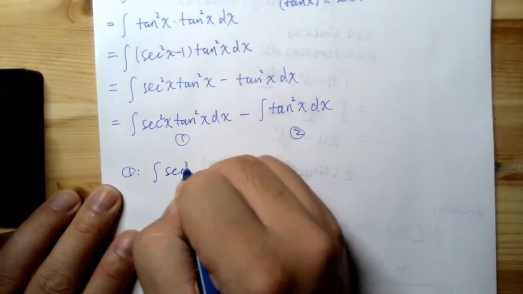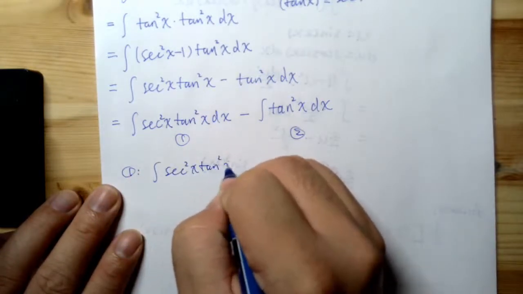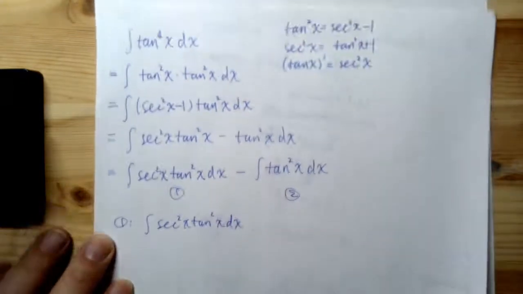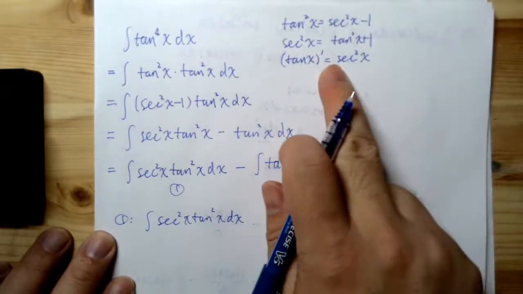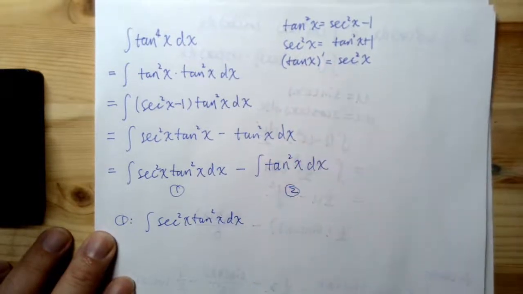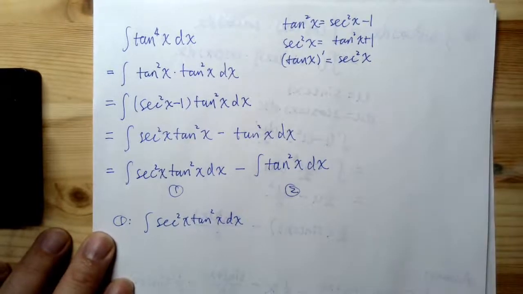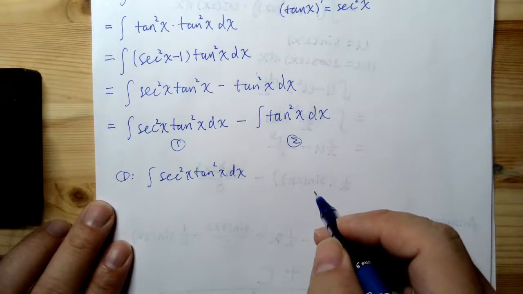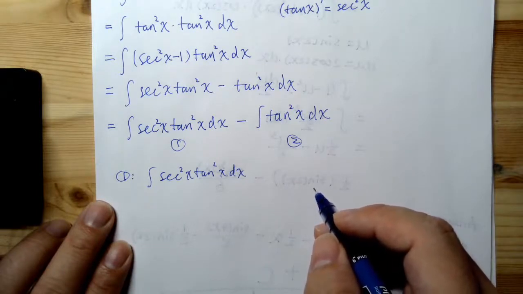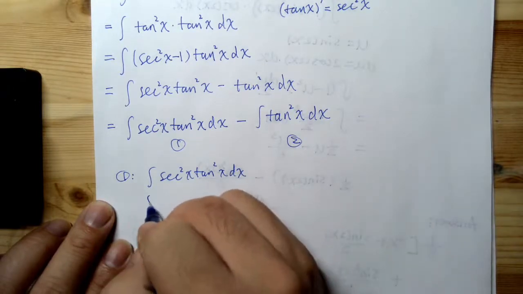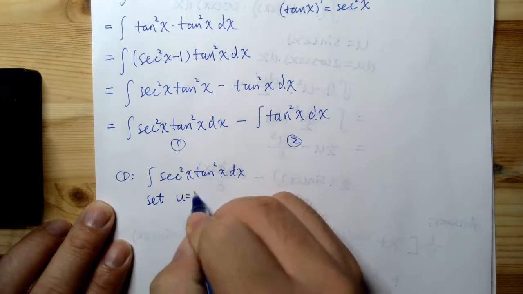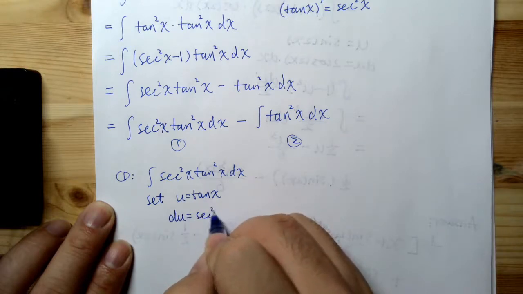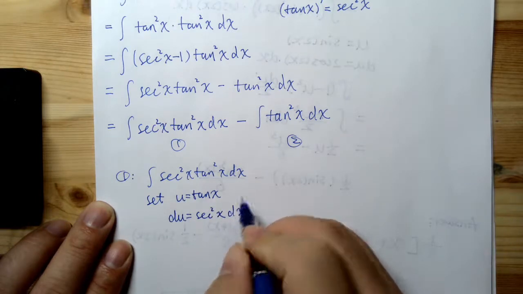Okay. So for integral 1, secant squared tan squared dx, keep in mind the derivative of tan equals secant squared. As we can see, if we set u equals tan x, so du is going to be secant squared dx, right?